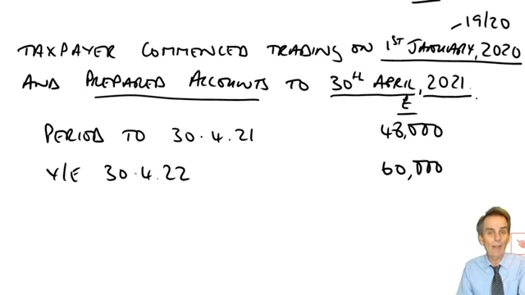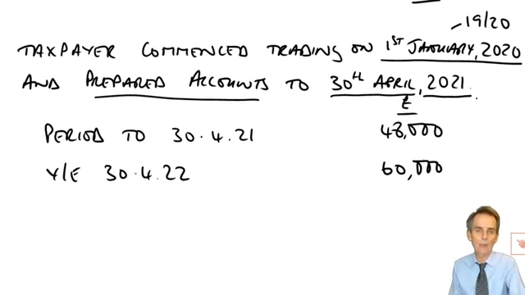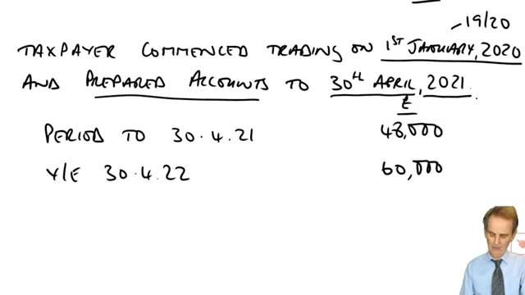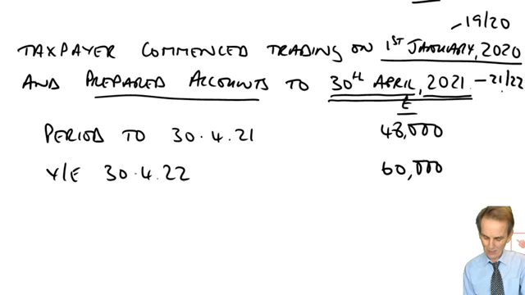Now that meant that that long period ended in the 2021 tax year. But I've now traded on for just one more month to the 30th of April 21. And that date, of course, ends in 21-22, the third tax year.